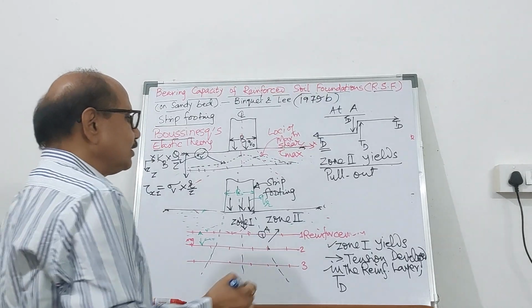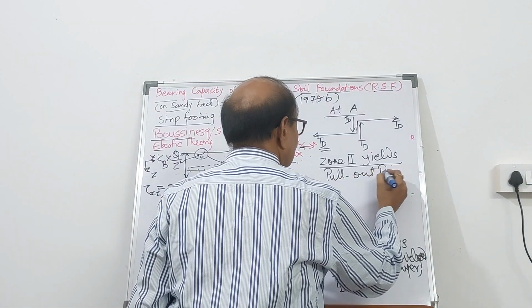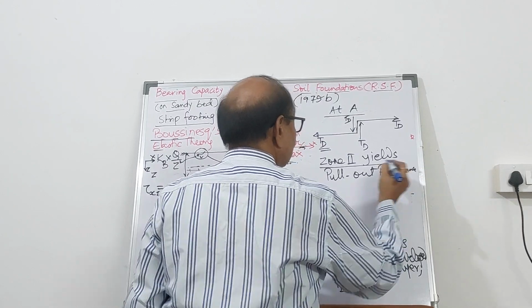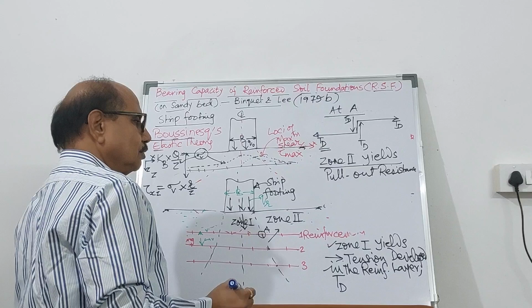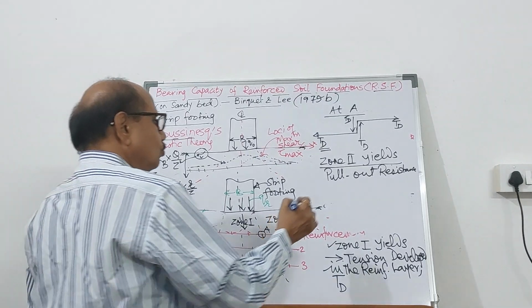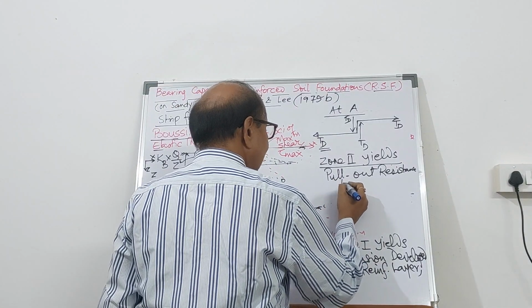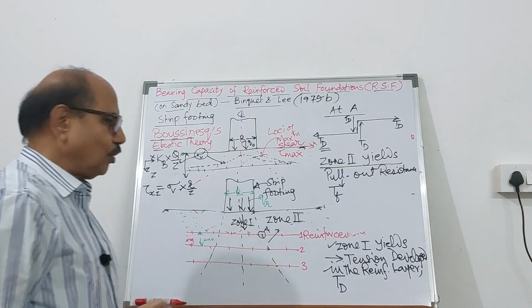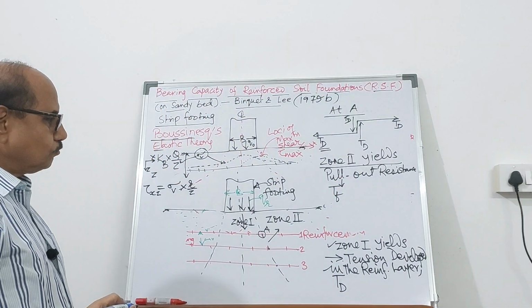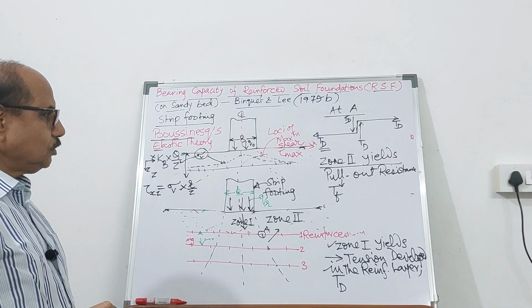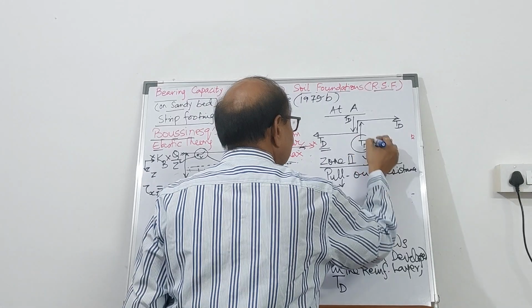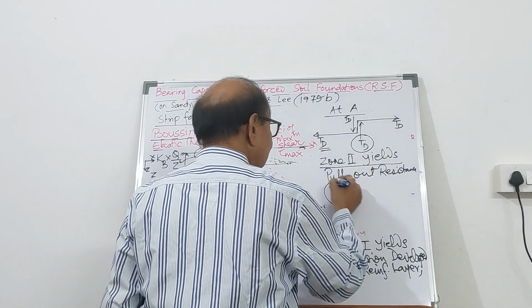So the pull out resistance can be computed. We can have a symbol T, frictional pull out, F. So we have got two quantities over here, TD and TF.